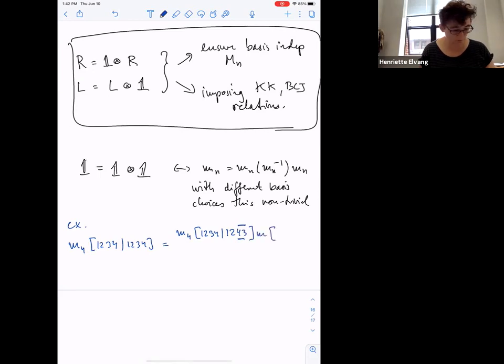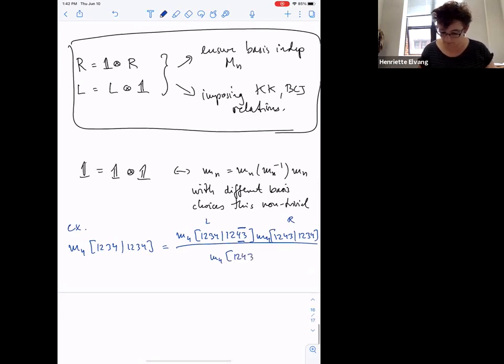And so this is my left amplitude. Here comes my right amplitude. 1, 2, 4, 3, 1, 2, 3, 4, divided by M4, 1, 2, 4, 3, 1, 2, 4, 3. Okay, so we have flips. That means that we have different bases in different places. This is from the kernel.